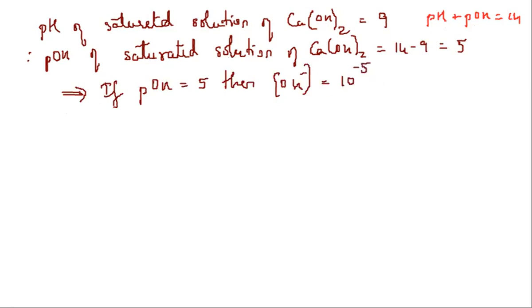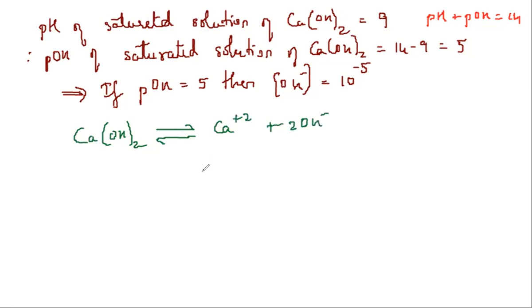How does calcium hydroxide dissociate? It dissociates to give Ca plus 2 ions plus OH minus ions.